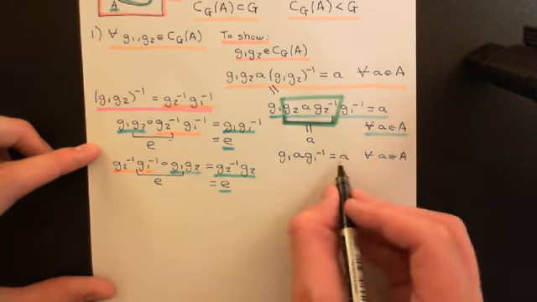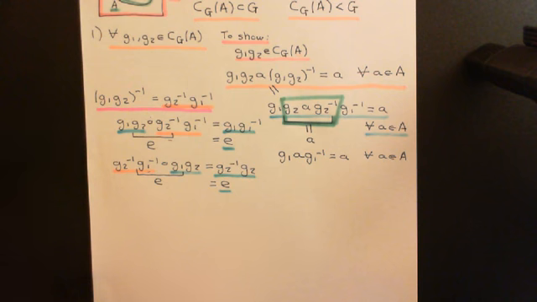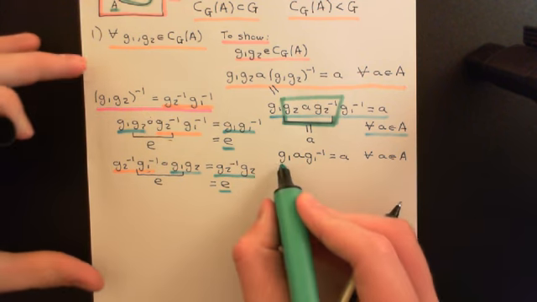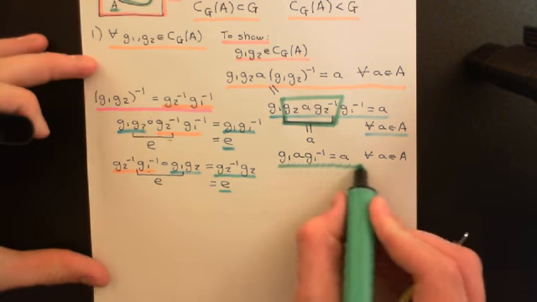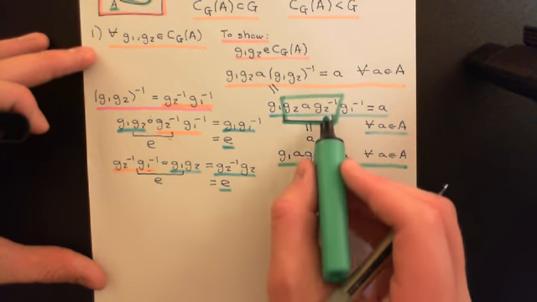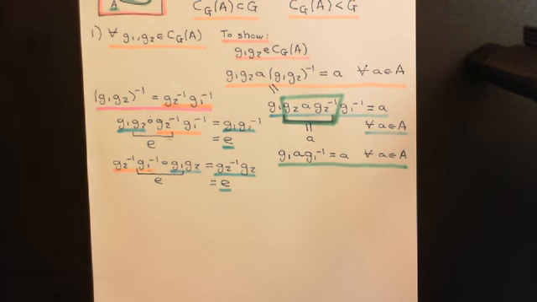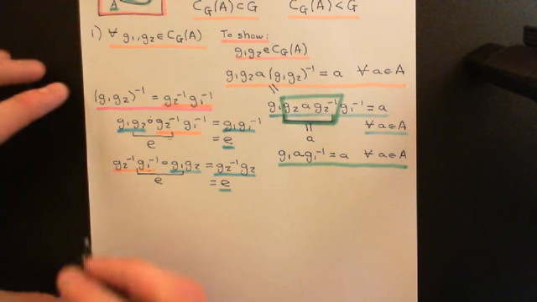So G1 A G1 inverse will also equal little a for all little a is an element of capital A. So what I've now successfully done is shown that if little g1 and little g2 are elements of the centralizer of A in G, it automatically follows that little g1 composed with little g2 is an element of the centralizer of A in G, and therefore that the centralizer of A in G is closed under composition and does therefore obey the first axiom of group theory.